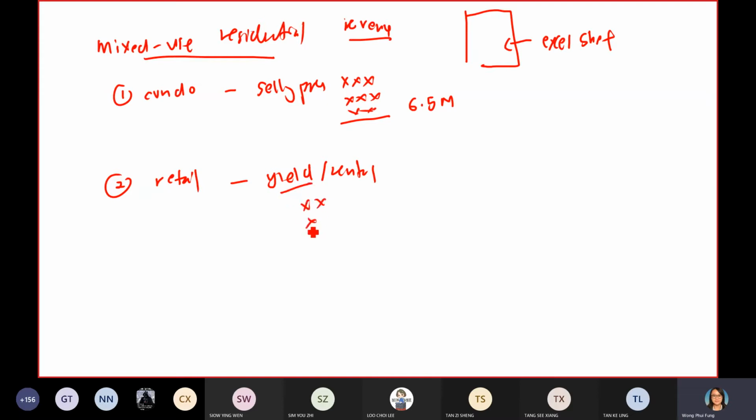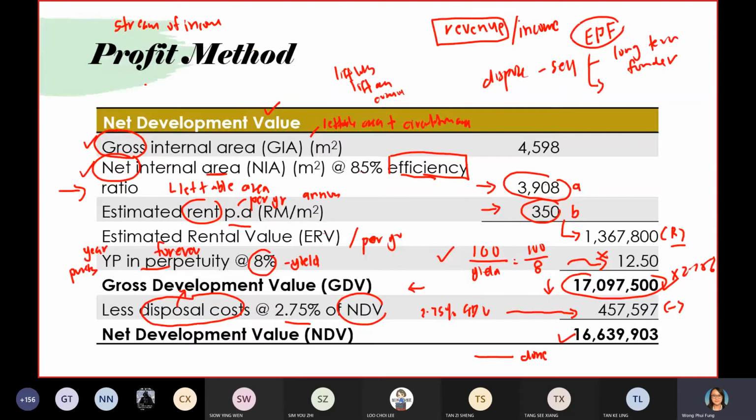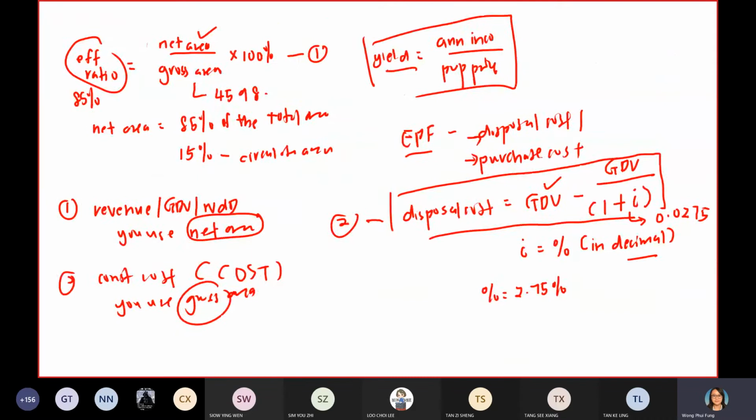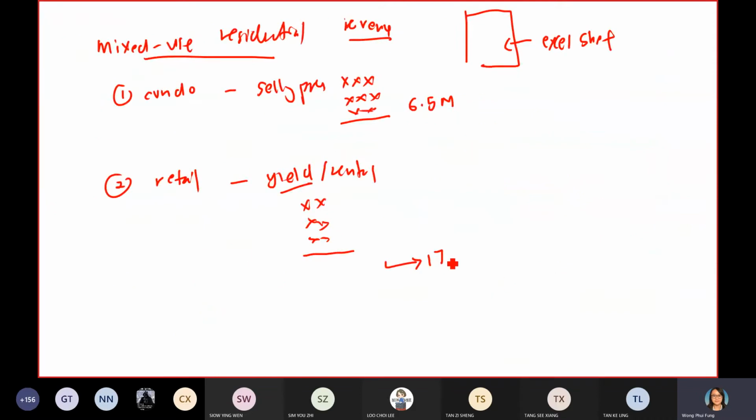So you also calculate, then you get, let's say, 17 million. So you have A, you have B, you sum up and in total it becomes your GDV. So you sum up, 23.5 million. This is your total GDV.